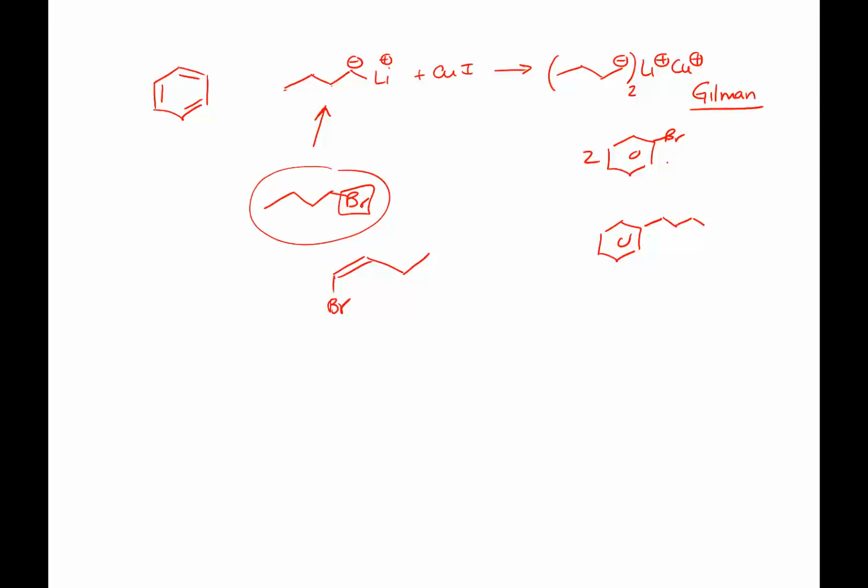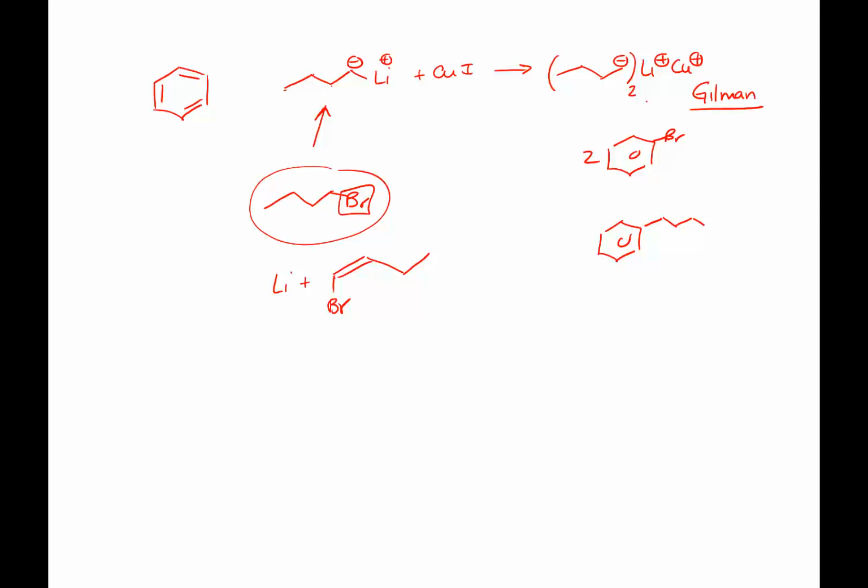Jacob? How would you add the double bond structure to the ring? So what I would do is the same thing. I would add lithium metal to this. That would put, bless you, a negative charge here with the lithium plus. Change it over to a cuprate, and then couple it to the benzene ring.